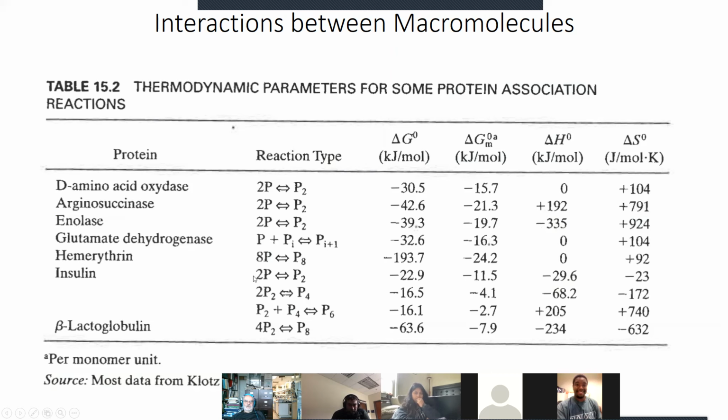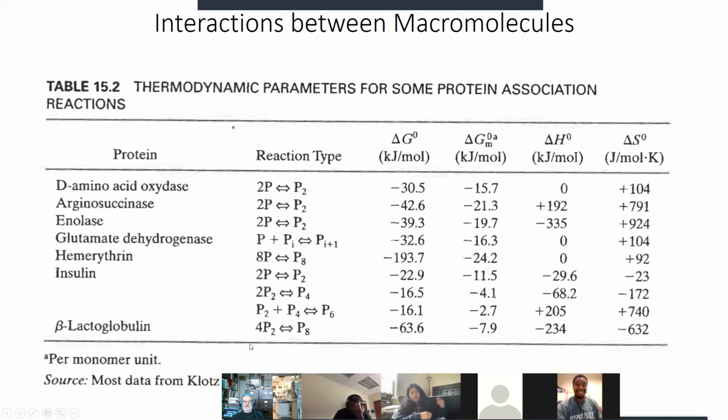And then there's a series of other reactions. So this is an indefinite polymerization, P plus Pi going to Pi plus 1. It will grow indefinitely. Notice there's a 0 enthalpy, entropically driven. Hemerythrin, monomer-octamer, no enthalpy, entropically driven. Insulin undergoes a series of reactions leading up to a hexamer. The first two reactions are entropically driven. Notice there's an unfavorable enthalpic expression, but then the final equilibrium to the hexamer is unfavorable enthalpically, but favorable entropically.